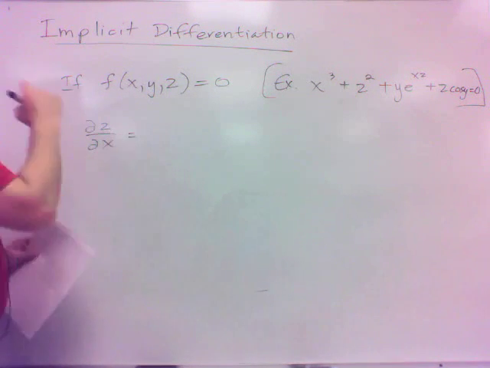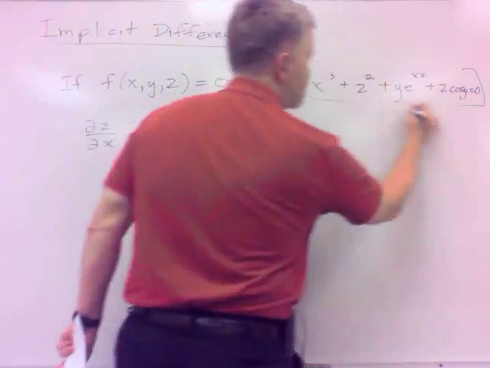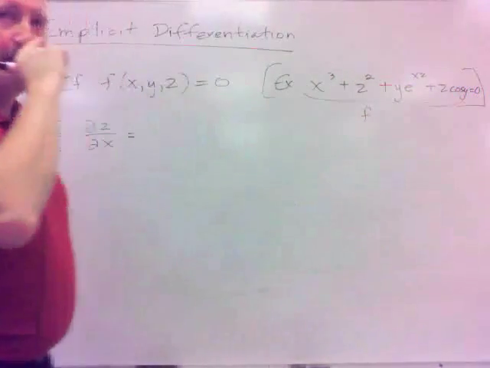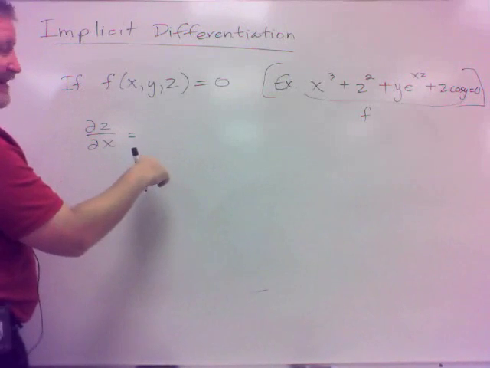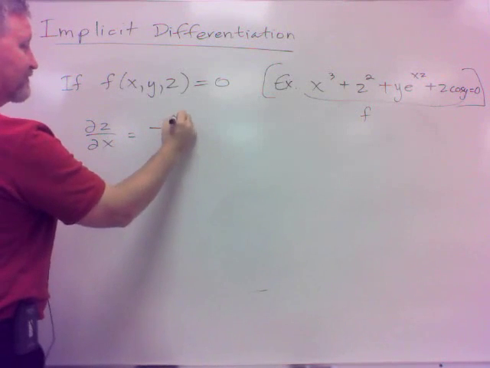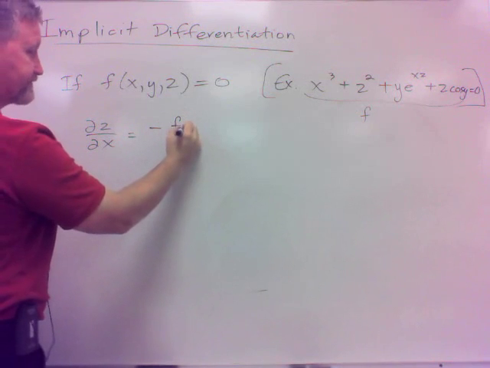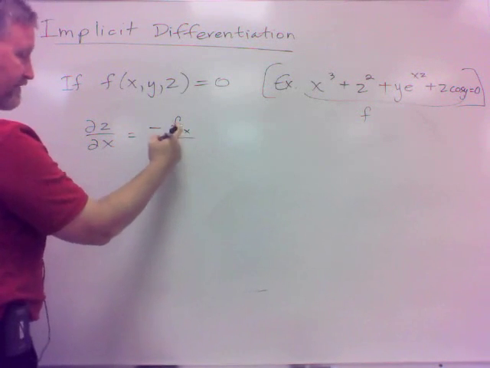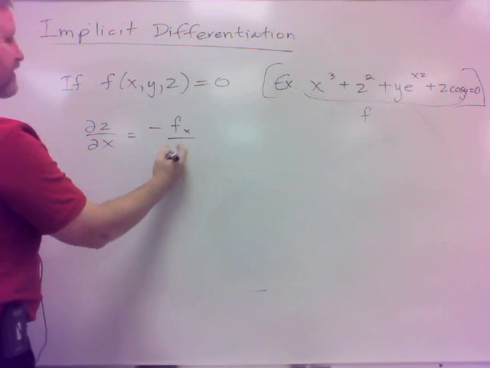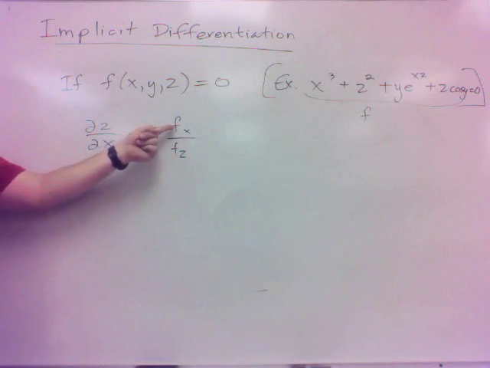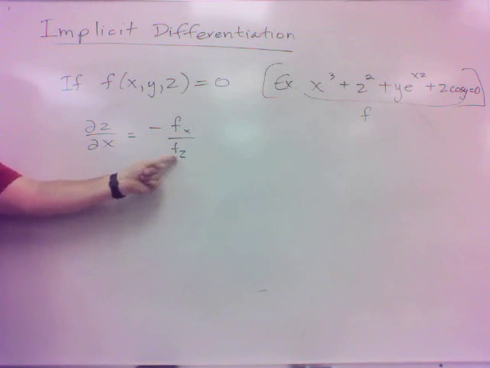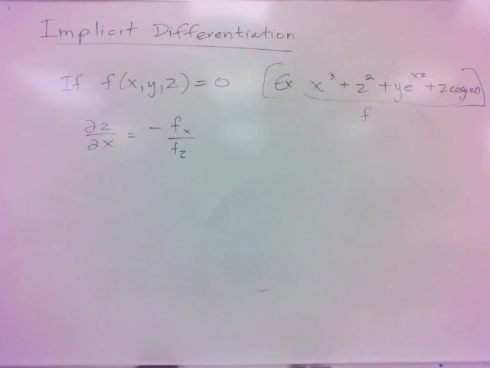So, yeah, what we do is we just say, well, this right here is our function f, and so that's going to be, turns out, very similar to the dy dx. It's negative the partial of f with respect to x, divided by the partial of f with respect to z. Just like dy dx was the partial of f with respect to x over partial of f with respect to y.